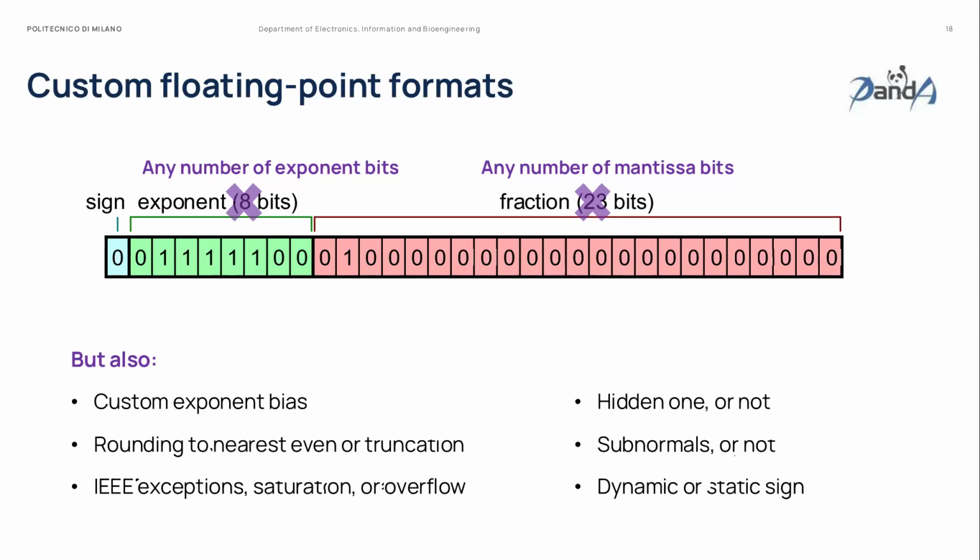You can choose a custom bias, and there are all the things in the IEEE standard that can also be tweaked, like rounding or truncation, the exceptions, or maybe you don't care about the exceptions, so that will give you a bit of saving in area. You can support subnormals, hidden one, dynamic or static sign. So everything in this can be customized.